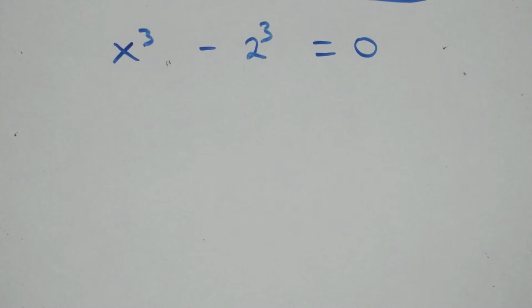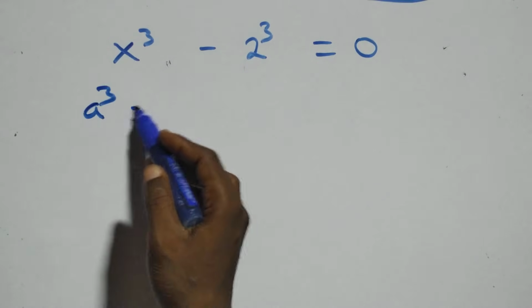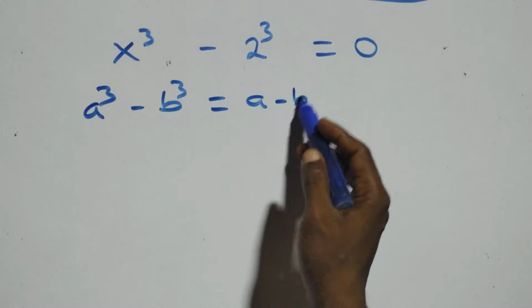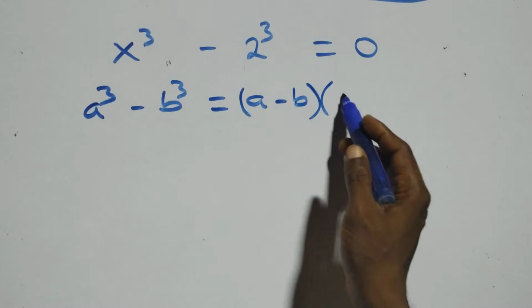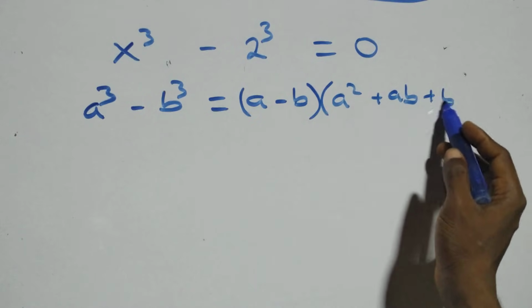Then, solving from the second case here, this also follows when we have a raised to power 3 minus b raised to power 3, which is the same thing as a minus b in bracket, open bracket a square plus ab plus b square.